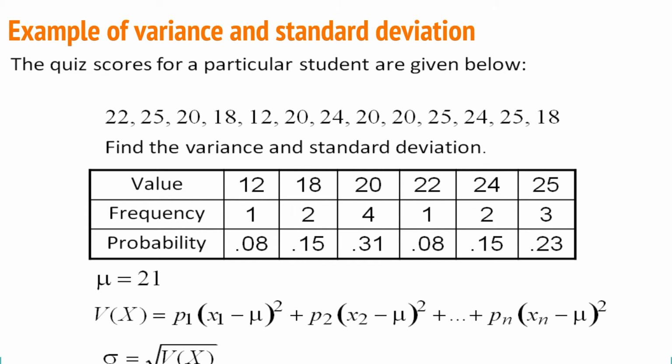So what are the random variables we have? The random variables are 12, 18, 20, 22, 24 and 25. Of course we have their probabilities associated with them: 0.08, 0.15, 0.31, 0.08, 0.15, 0.23. Well, this is the data.